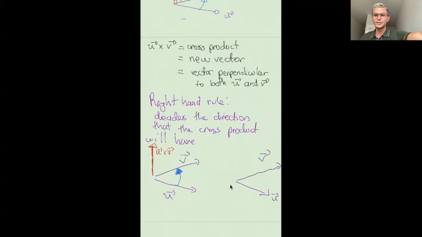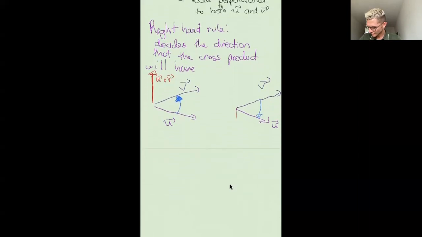So v cross u actually goes the other way. That's right. And they're actually the same size.